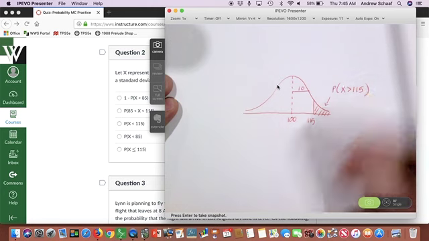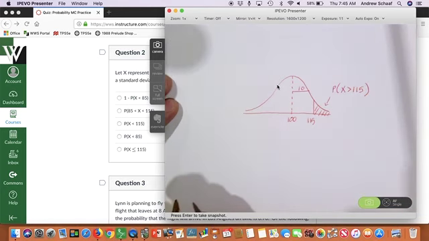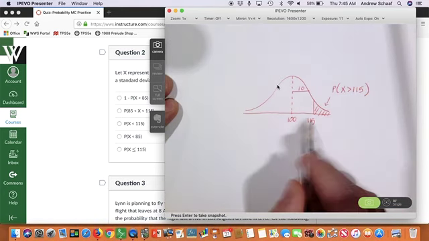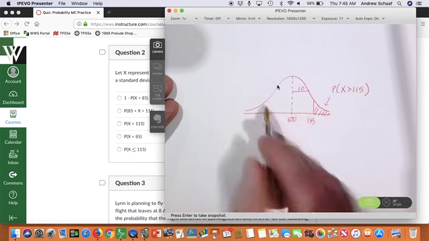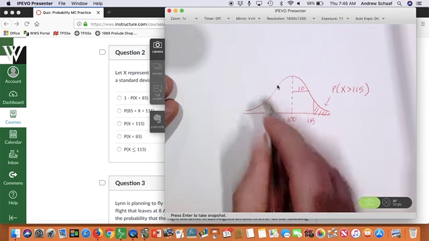And what we need to take advantage of is the symmetry of the normal distribution. So notice here at 115, we are 15 units above the mean. So this percentage will be the same as the percentage of 15 units below the mean.